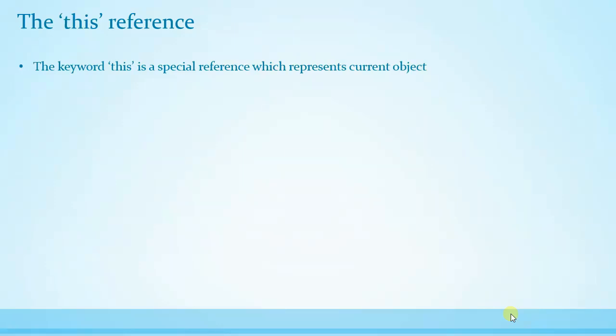This means inside the class member function, if you want to refer to the present object, then we can refer to it using the keyword this.